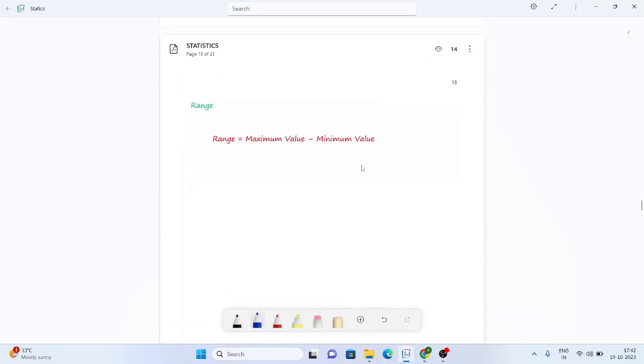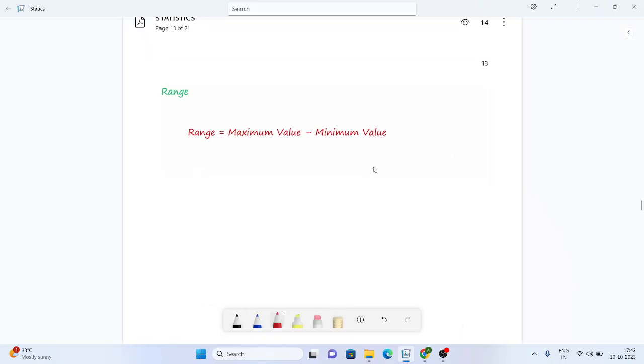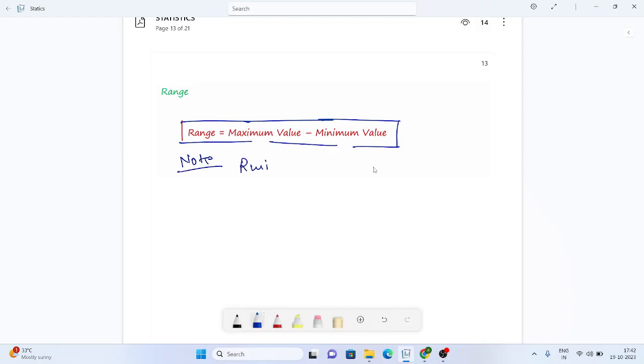Now I come on to another definition, which is range. So what is the range? Range is nothing but maximum value minus minimum value in the list. Make a note that minimum range will be 0, and this is possible only when all the values in the list are similar.